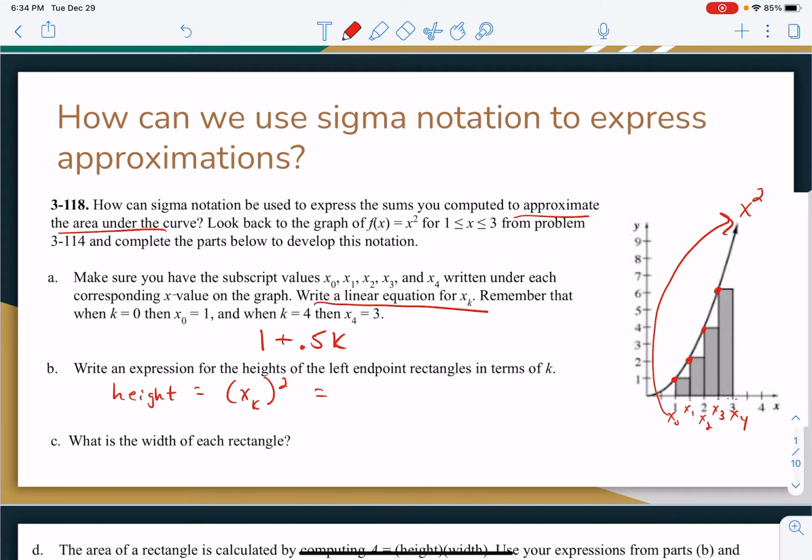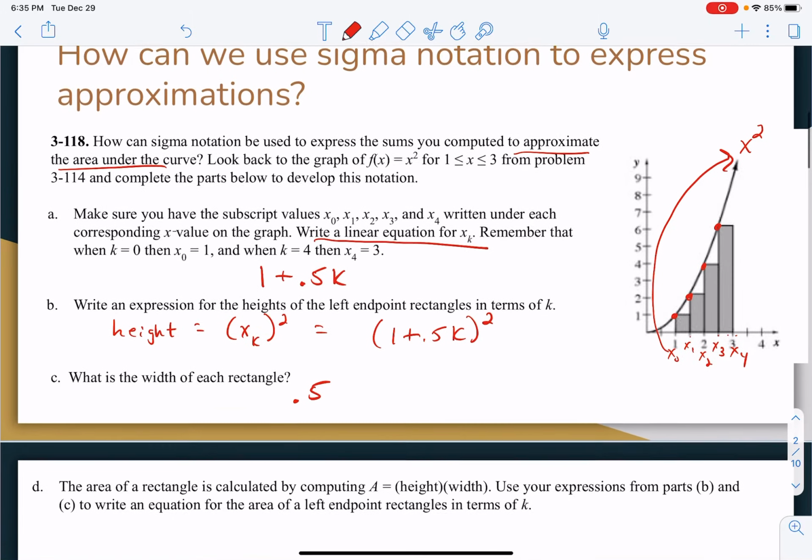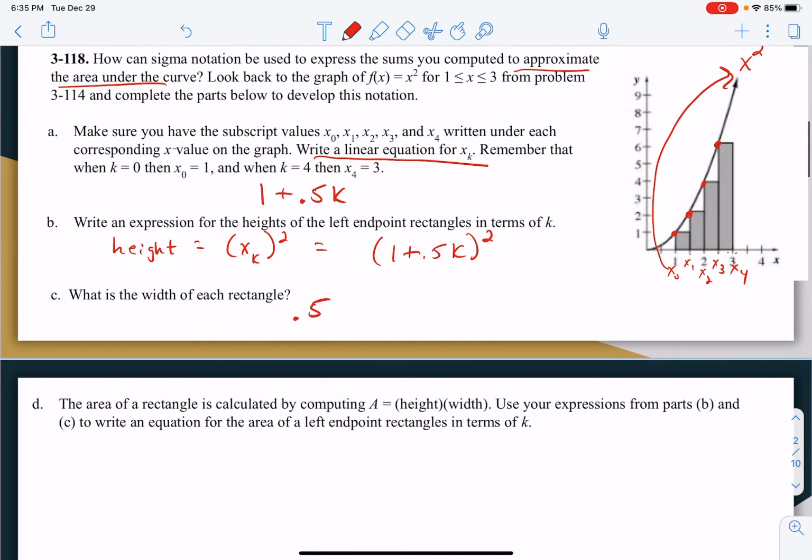So substituting for x sub k, I'm going to have (1 plus 0.5k) squared, because the width of each rectangle is 0.5 units.